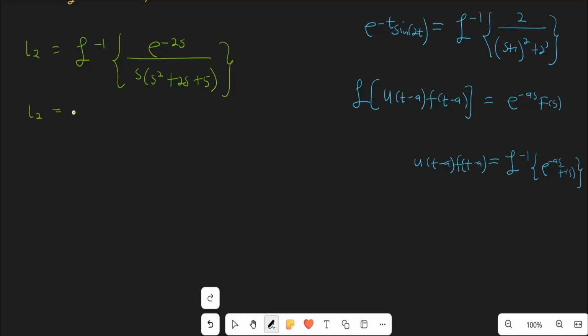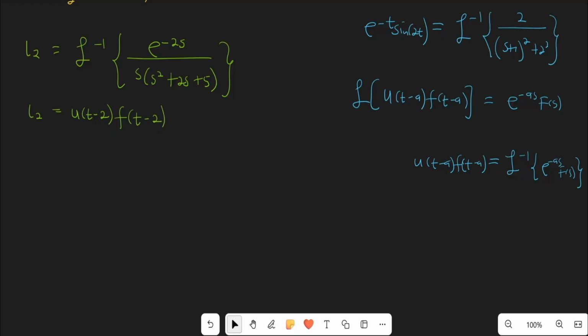The unit step function is going to be u of t minus 2, because the constant in the exponential function is 2, and a is always the constant in the exponential function. And this is going to be multiplied by f of t minus a, which in this case is 2.